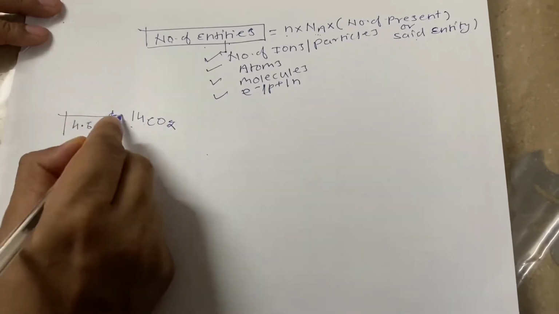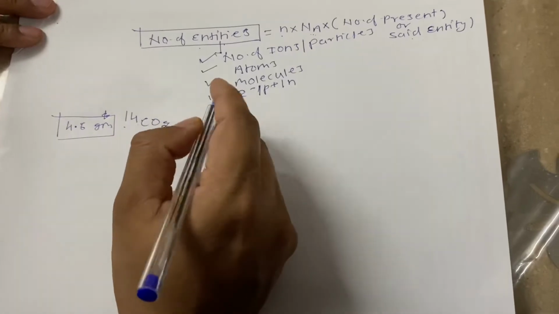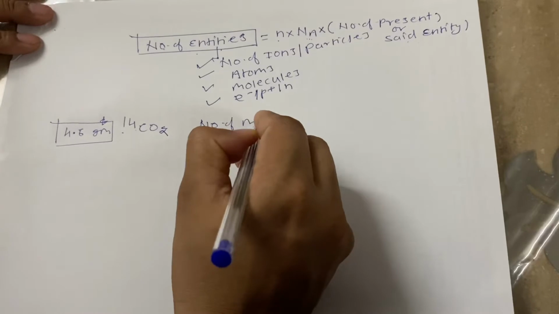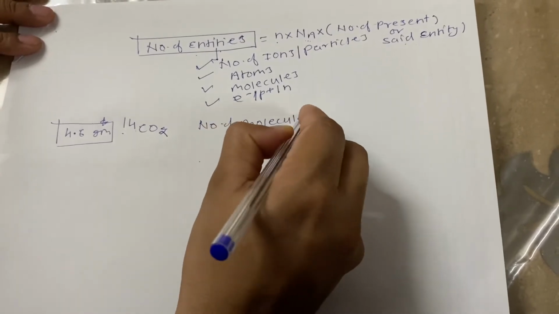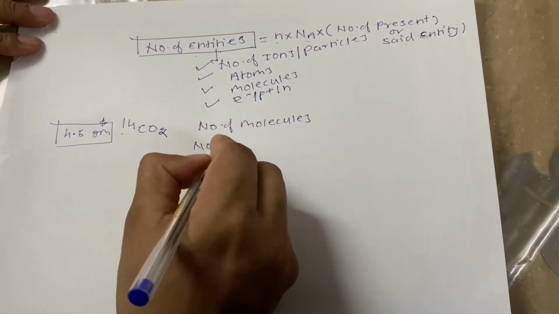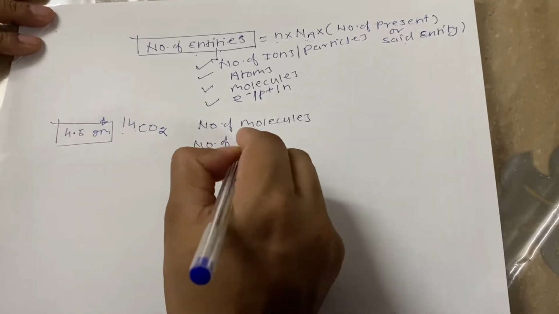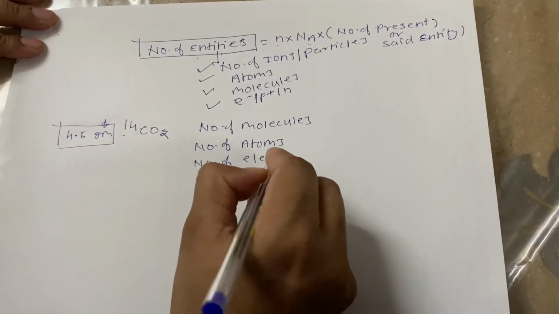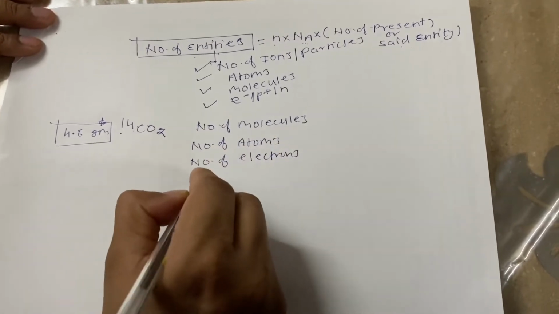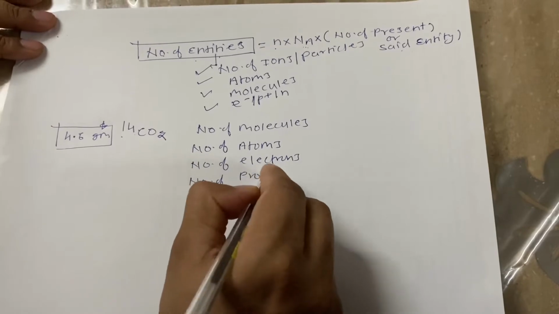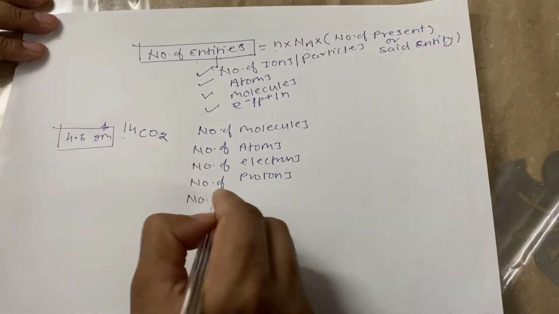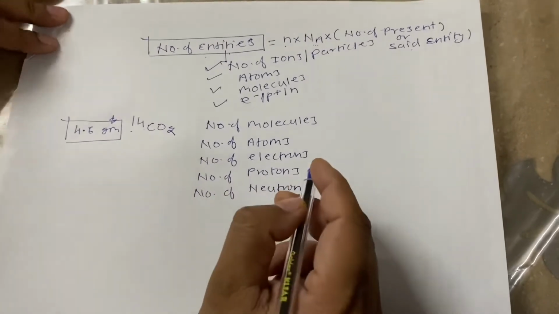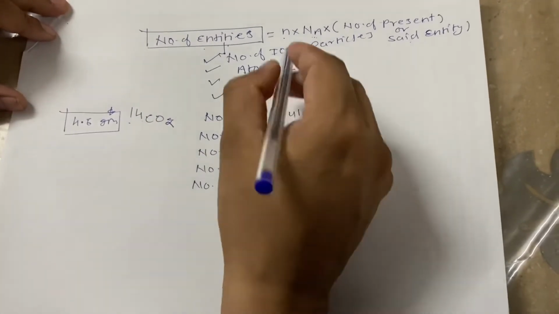Now in this 4.6 gram of 14CO2, you wish to calculate the number of molecules, number of atoms, number of electrons, number of protons, number of neutrons. So the first step is to calculate the number of moles, as I told you.